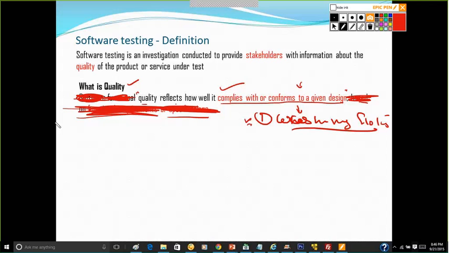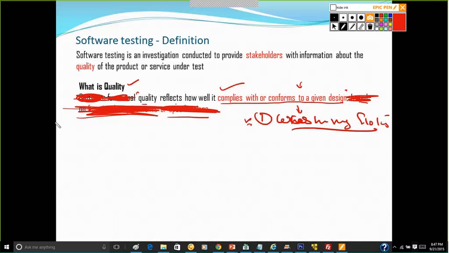When the product works perfectly fine, that means you confirm that the quality of the product matches the design or the requirement. That is your job to confirm for the product that is given to you for testing. I'm not talking about washing machine, I'm not talking about software.